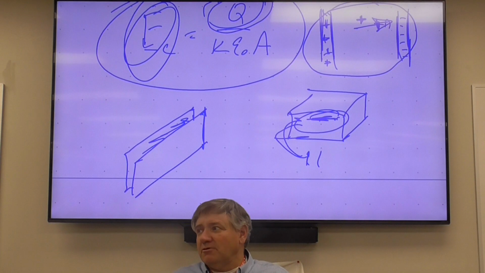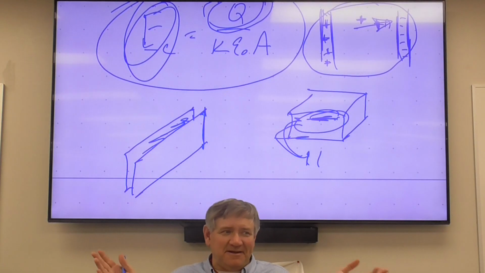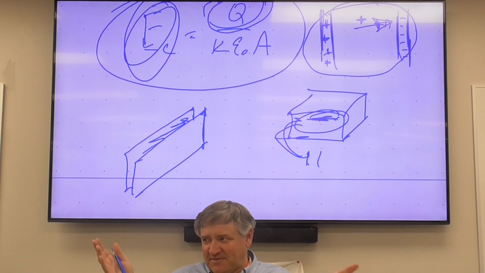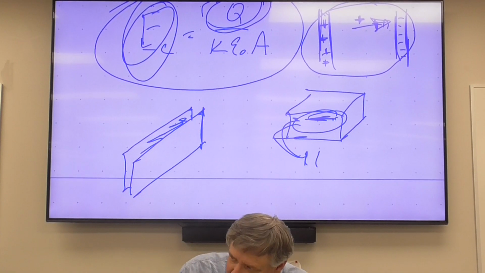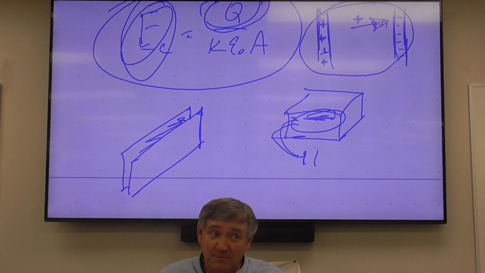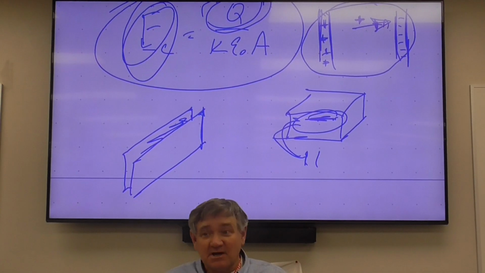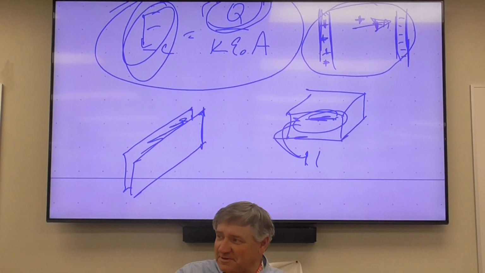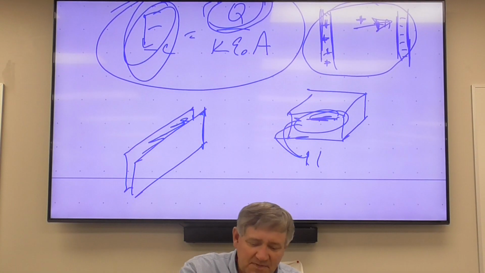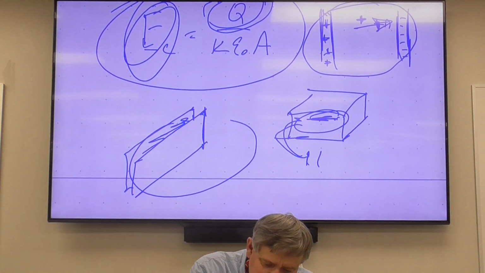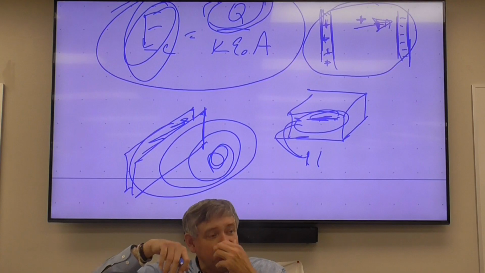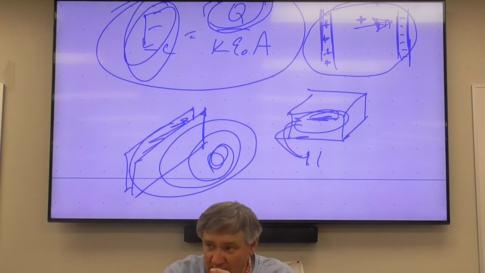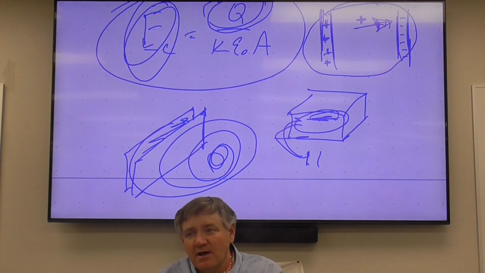That doesn't work so well, because you don't want your capacitor bigger than the phone that you're going to put it in. It's like, I'll just carry my capacitor separately. No, that doesn't work either. So what they did is they curl it up and wrap it like a jelly roll. Therefore, you can get a large area within that circle.